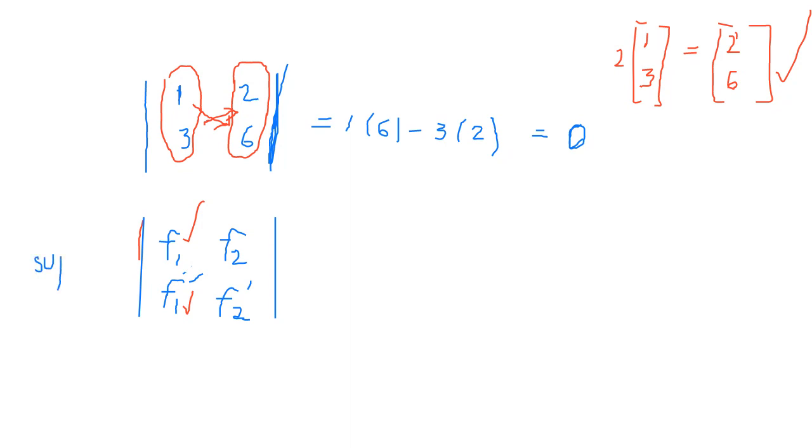And suppose that the determinant of this, which would be, of course, f1 times f2 prime minus f1 prime times f2, were equal to 0.